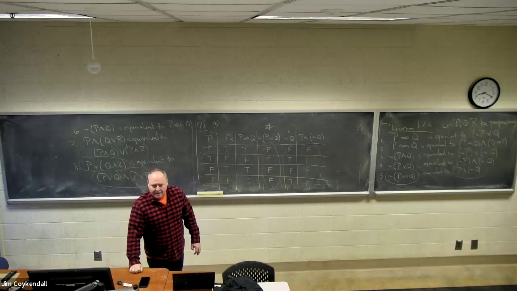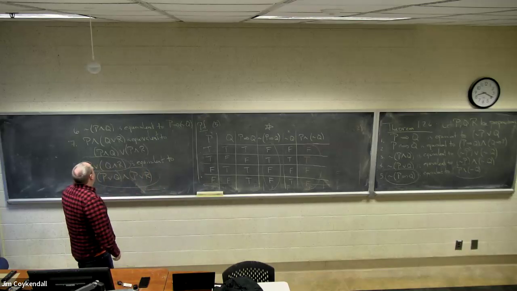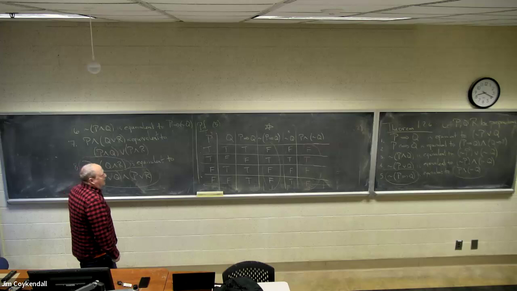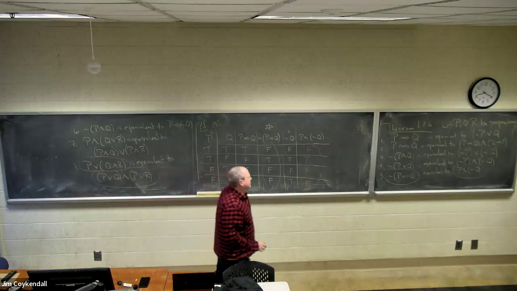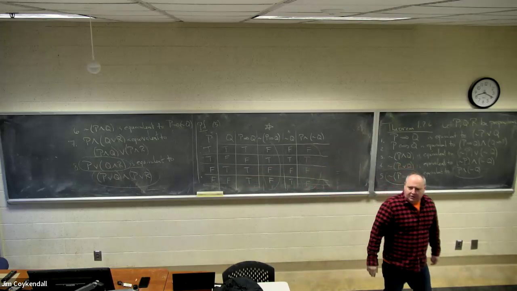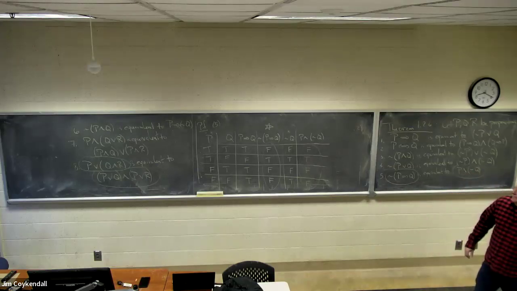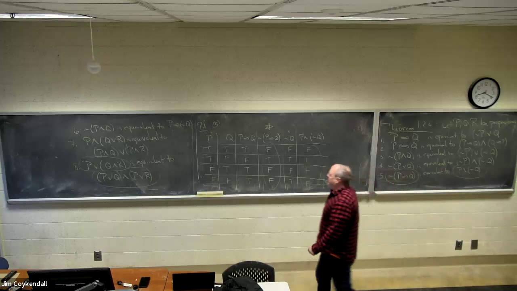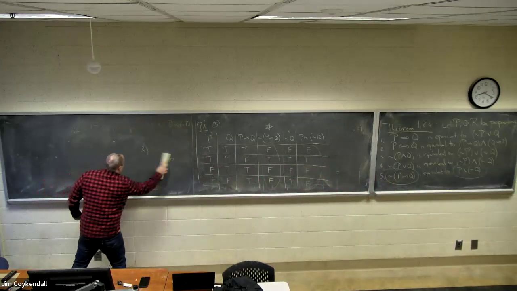Therefore. Everybody okay with this? Can somebody think of another way to do this? Somebody think of a way to do this using the other ones without the table? Yes. So here's another way.